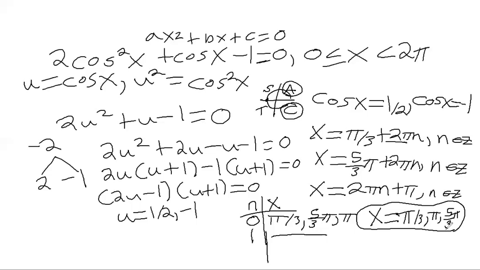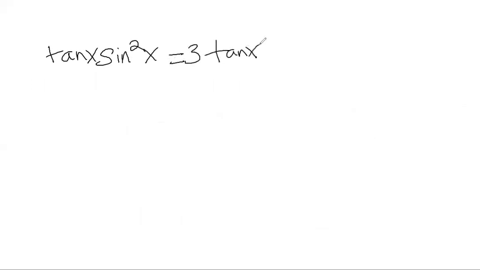Now, another type of equation that you'll come across is something of the sort of tangent of x sine squared x equals 3 tangent x, where we have the condition 0 less than or equal to x less than 2 pi.